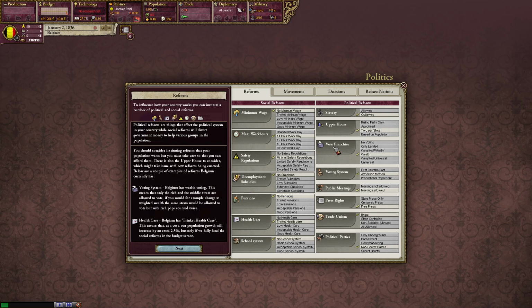The voting franchise is wealth. The voting system is the Jefferson method, the highest average method for allocating seats. Public meetings are allowed. Free press for press rights. Trade unions are illegal. And for political parties, non-secret ballots.